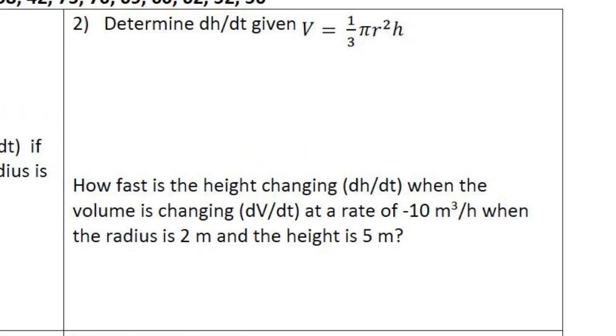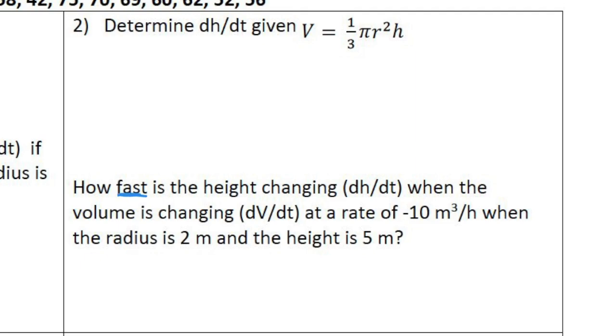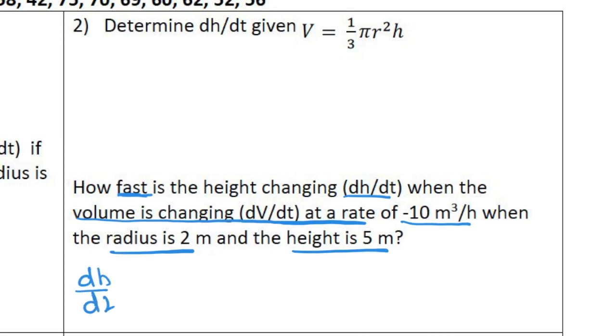For question 2, how fast is the height changing? Well, that's telling you find dH/dt. When the volume is changing at a rate of negative 10 meters cubed per hour, and the radius is 2 meters when the height is 5 meters. So the question is asking for dH/dt when r equals 2 and h equals 5.